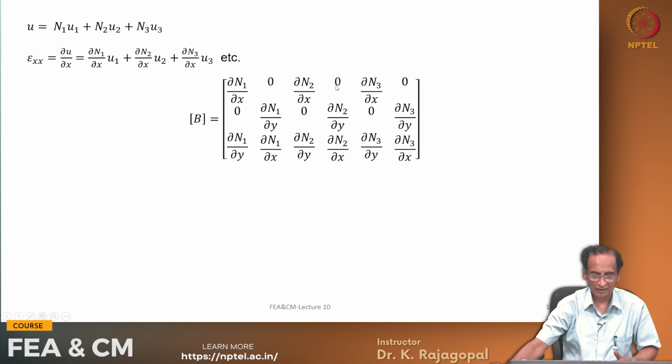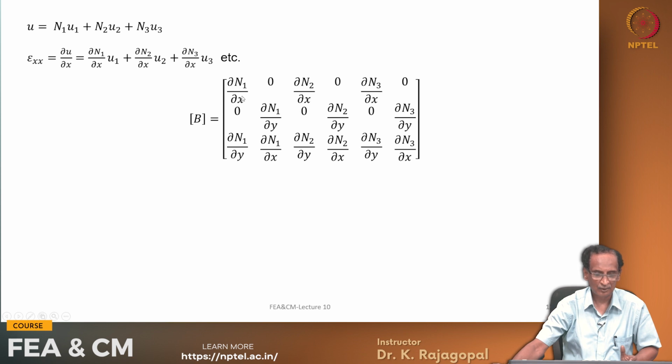So, the first row refers to epsilon xx, the second row refers to epsilon yy, these are the two normal strains, and then the third one refers to the shear strain gamma xy.